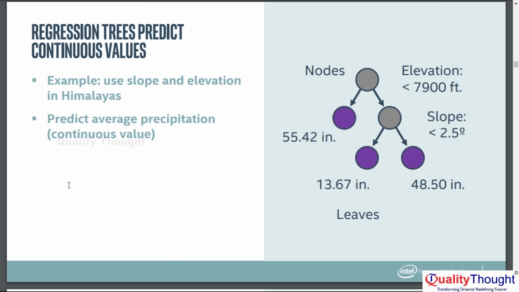If it is less than 7,900 feet, then check the slope. And if the slope is less than 2.5 degrees, then you have to check whether the precipitation is 13.67 inches or 48.50 inches. So these are all continuous values.